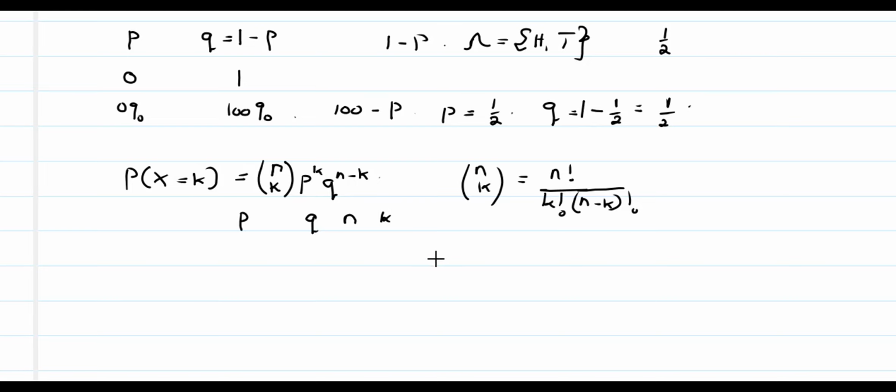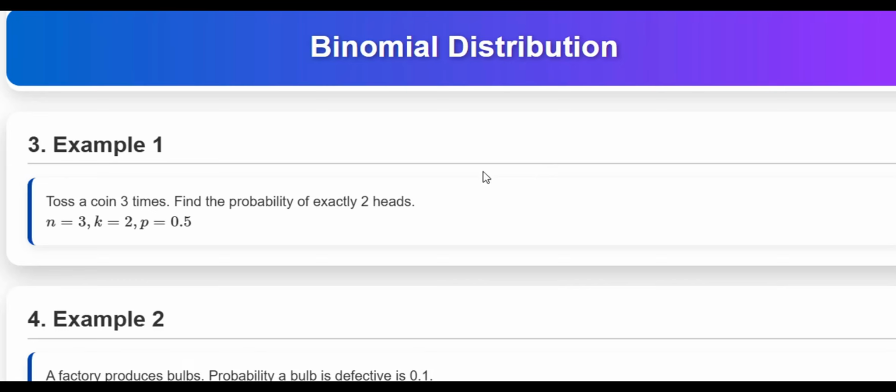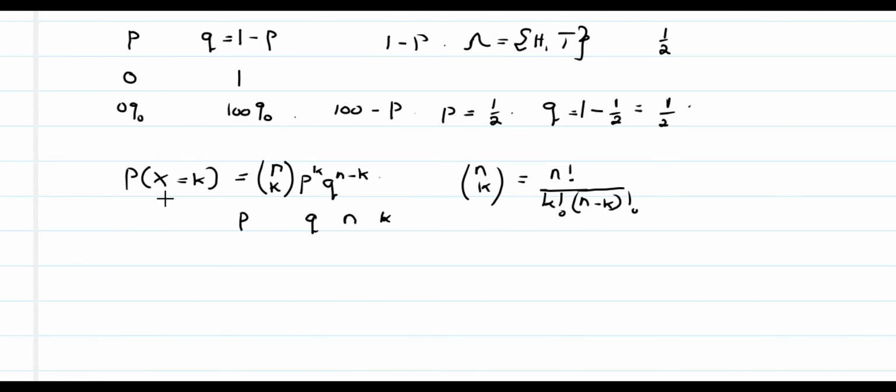So if we try an example here, somebody tells you to toss a coin 3 times, then find the probability of getting exactly 2 heads. First of all, we are tossing a coin 3 times, so our N will be 3. Then we want to know the probability of getting exactly 2 heads.